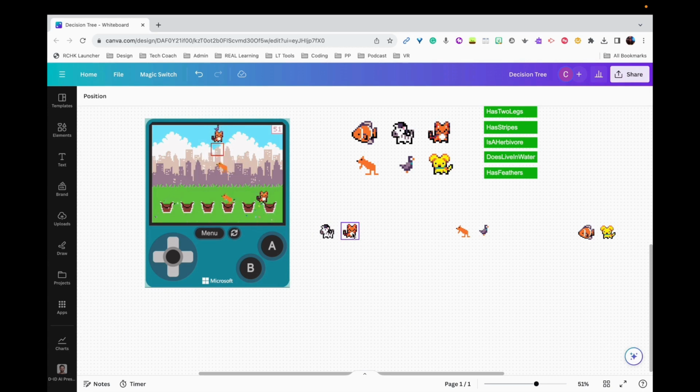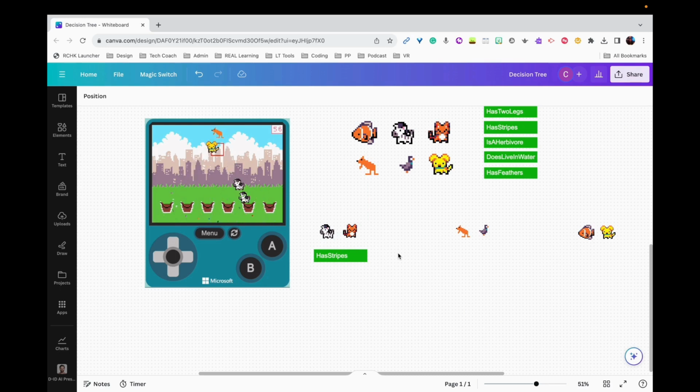They have a lot in common. What's the most common thing? They have 4 legs, so of course, we're going to get rid of has 2 legs. Both have stripes, which, compared to other animals, is a very obvious feature for them.